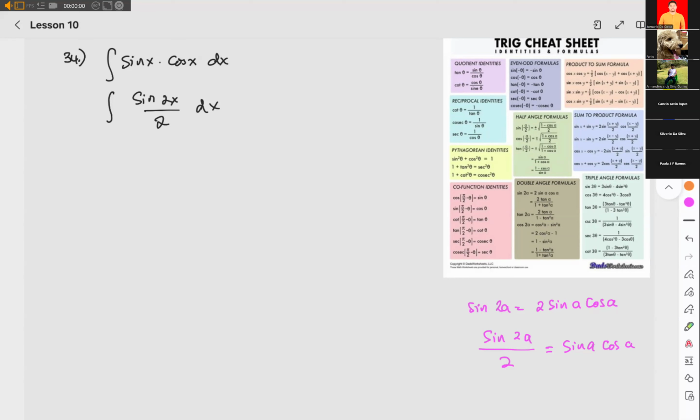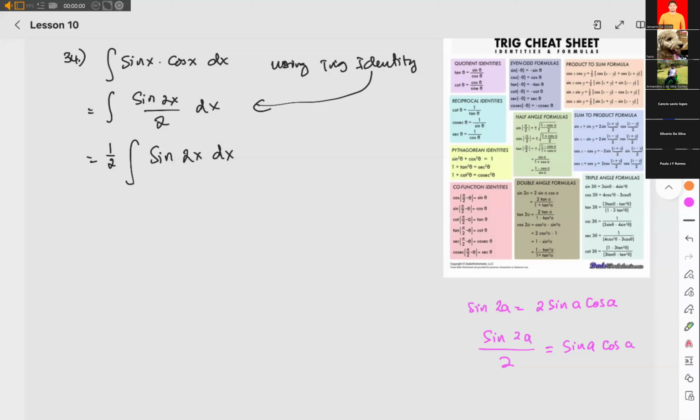It's the same thing, right? Using the trig identity, you get this. So you can take out 1 over 2 times the integral of sine of 2x dx.